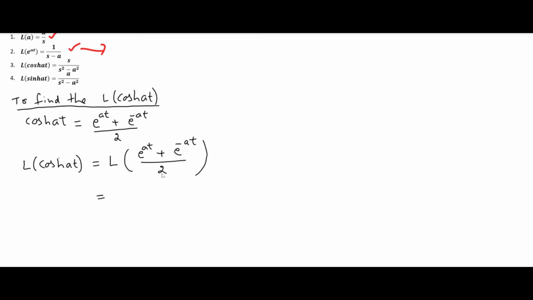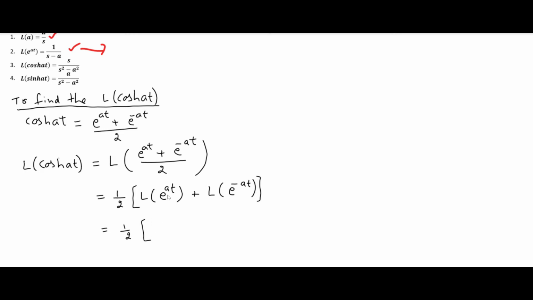So you can take that constant 2 outside from the denominator. So 1 by 2 will be taken outside, and we will be left with Laplace transform of the first function e power of at plus Laplace transform of the second function e power of minus at. That will be equal to half, as it is.